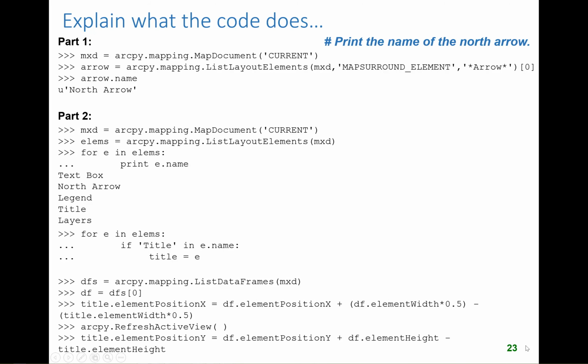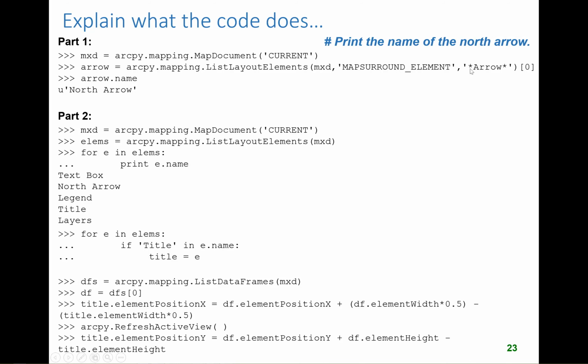Now let's resume. The first part prints the name of the north arrow. We get this by listing all the layout elements, and we know that our layout element that has the arrow in it has the word arrow in the name. We get that MapDocument object first, and then we pass that in and call the listLayoutElements with the MapSurroundElement type.